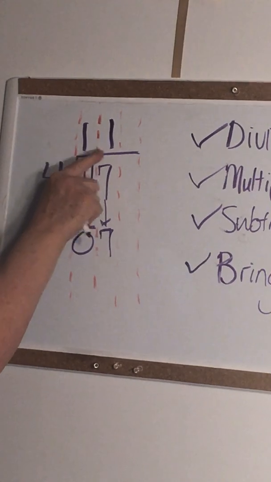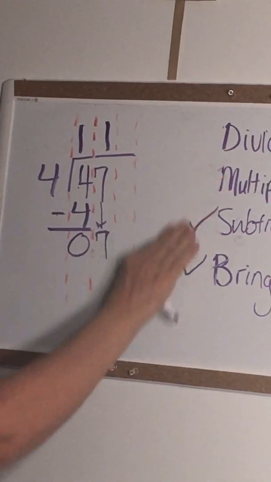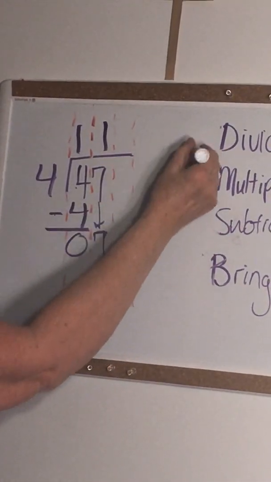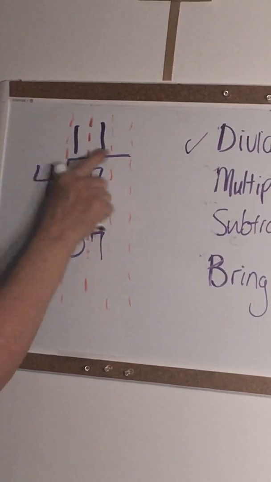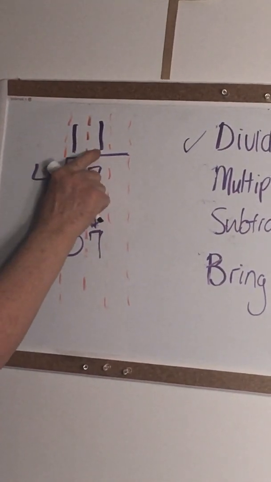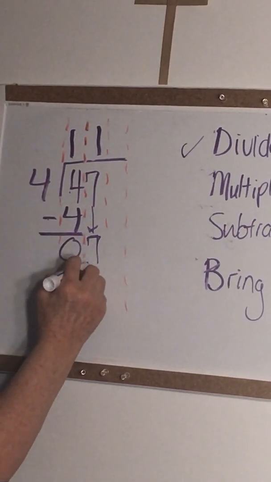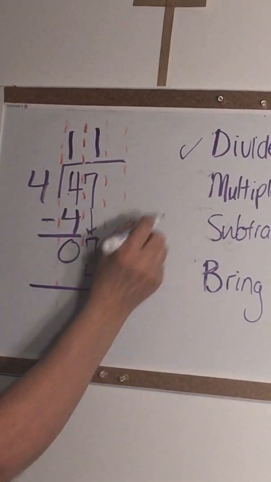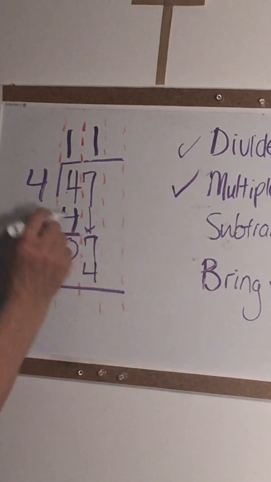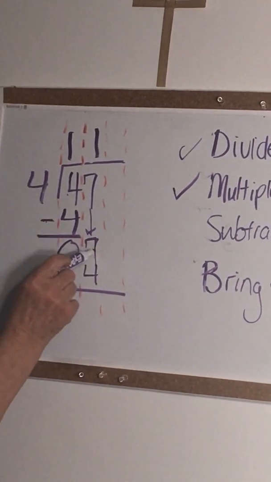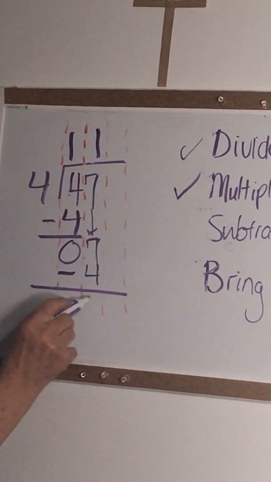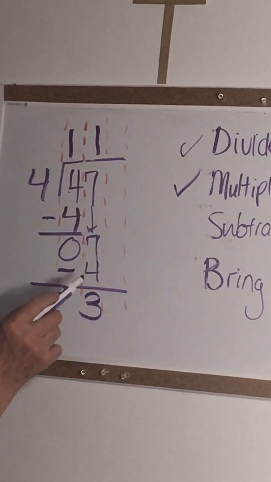So I just did my first division problem, which was 7 divided by 4. I got 1. Now I have to multiply. 1 times 4 equals 4. Now I have to subtract. 7 minus 4 equals 3.